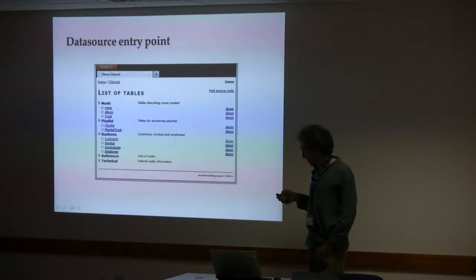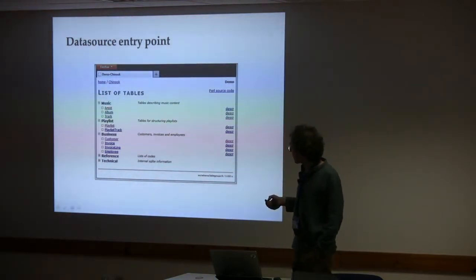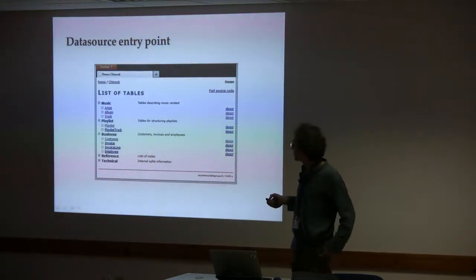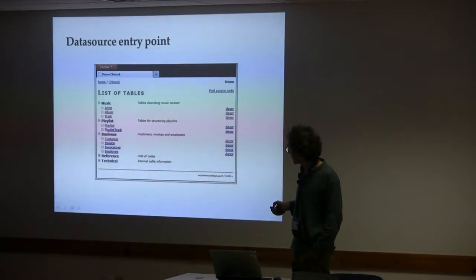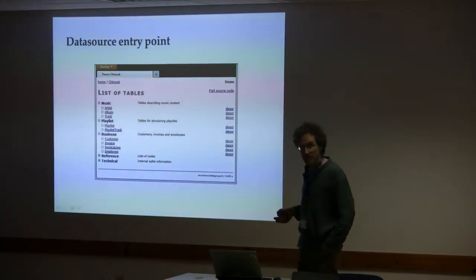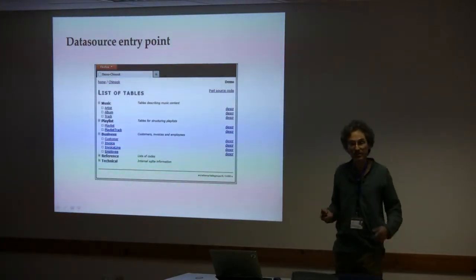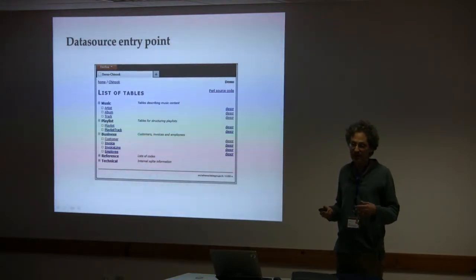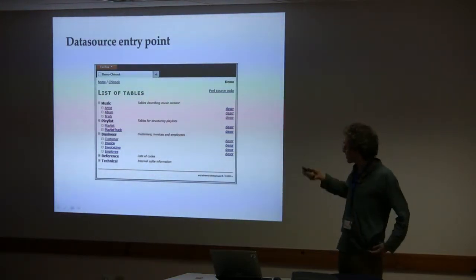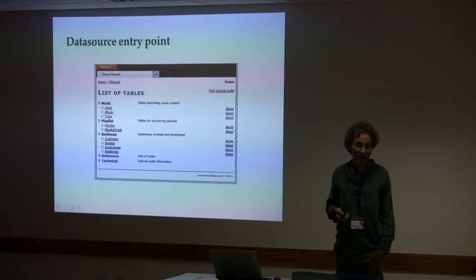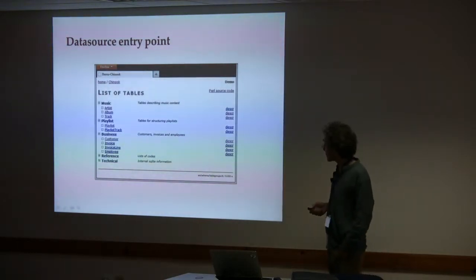So we have table groups. This group contains all data which talks about music. This group contains all tables that deal with selling the music. So it's more practical for people having to deal with that data.